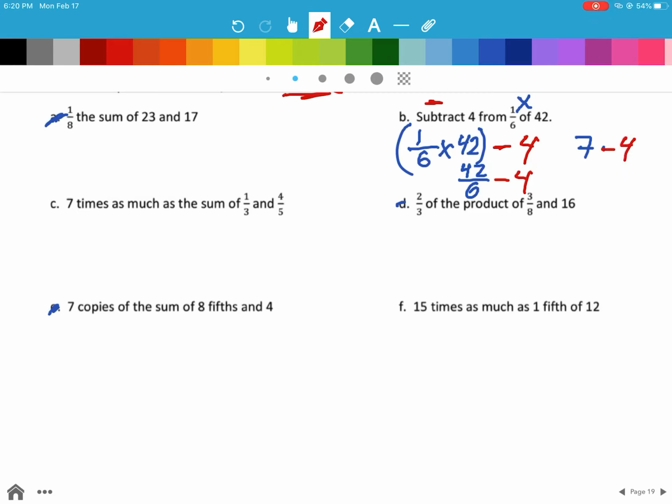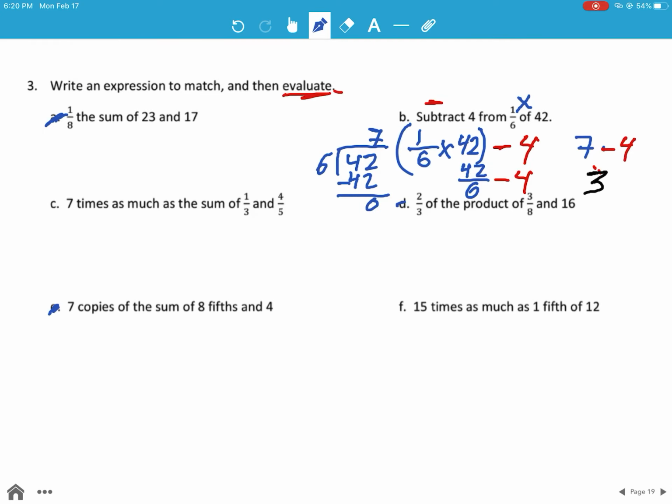So we have 7 minus 4, so our answer is going to be 3. Again, if you're not sure how I got the 7, it's 42 divided by 6 is 7. Okay, so that's how I got the 7 for here.